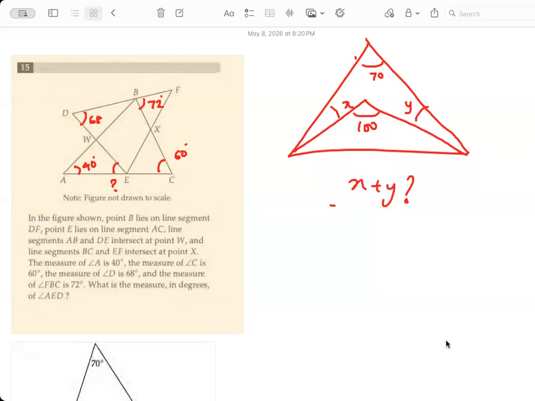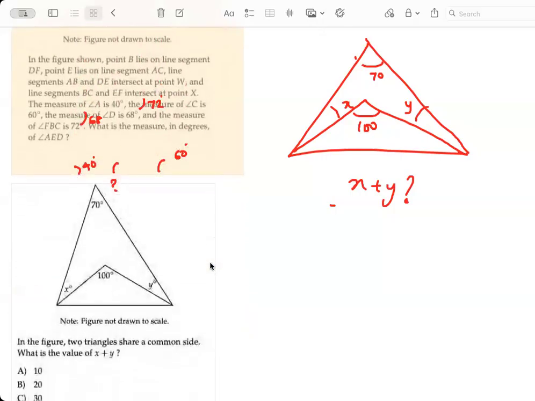Wait, Miss Priya, I typed my answer wrong. Okay.